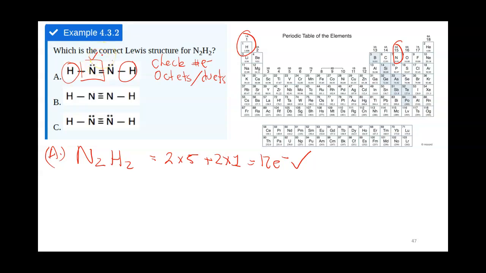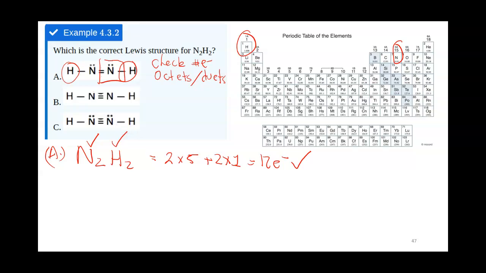And then a similar scenario for the other one. It has a lone pair, which is 2 electrons. It shares 2 electrons with the hydrogen, and then it shares 4 electrons with the other nitrogen. So it looks like every atom that is not hydrogen has a complete octet, and the hydrogens have a complete duet.